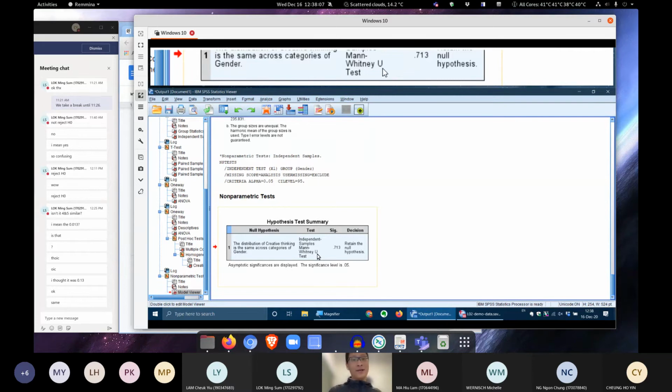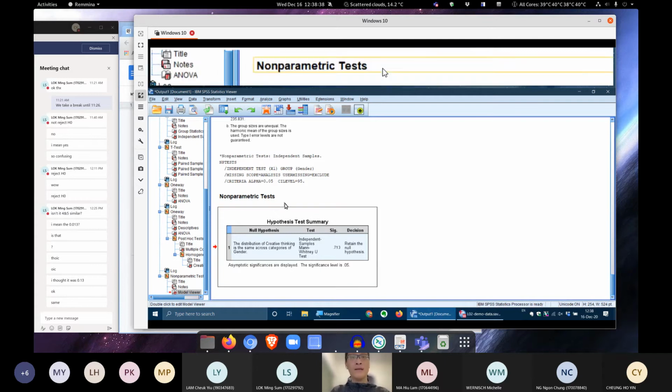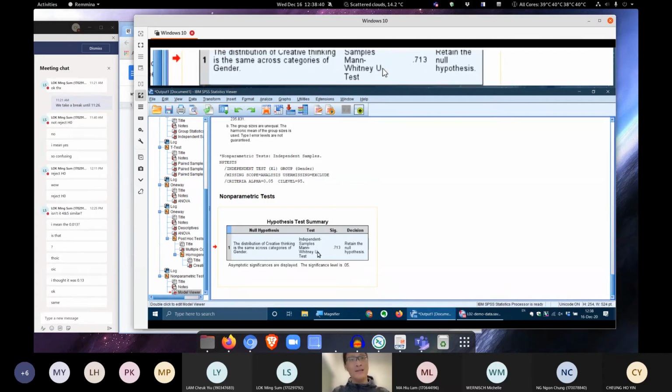In the old days, without this procedure, when we did this kind of non-parametric test, we had to go to the statistics textbook or some kind of statistics manual, check the conditions, and from there we knew what test we needed to do, and then we picked the test from the SPSS manual. But now you can skip all those steps because SPSS automatically picks the test for you. So this is the independent samples Mann-Whitney U test.